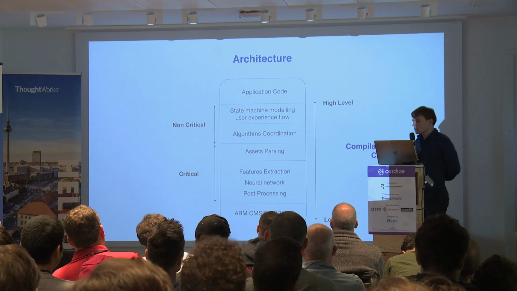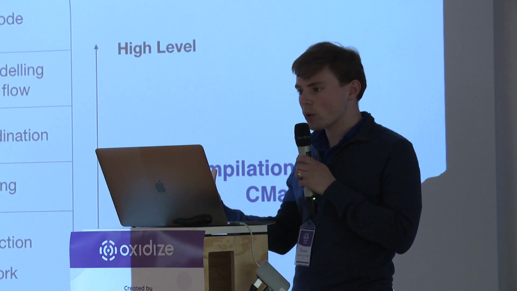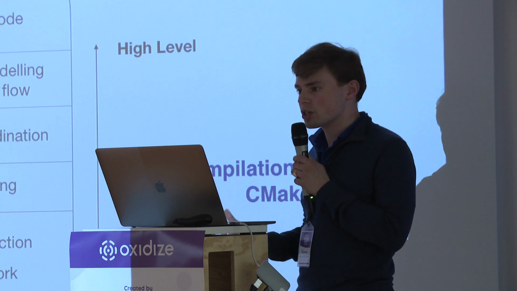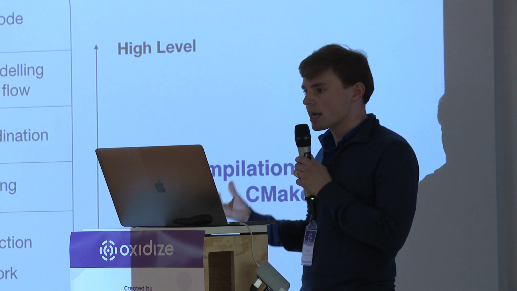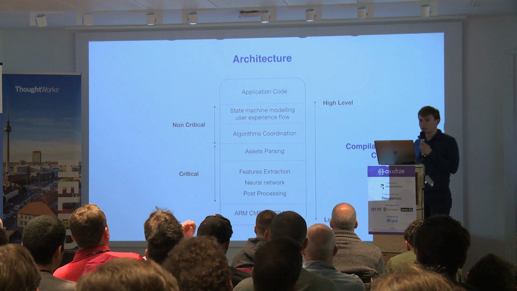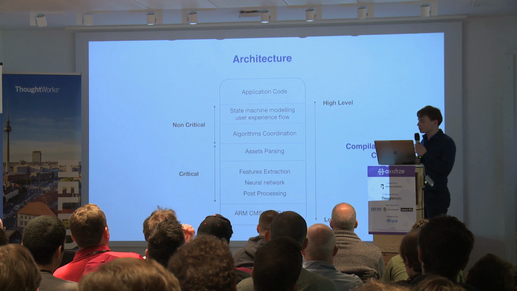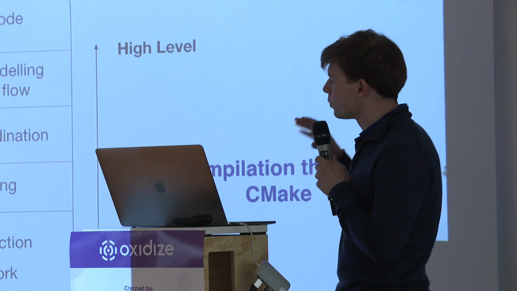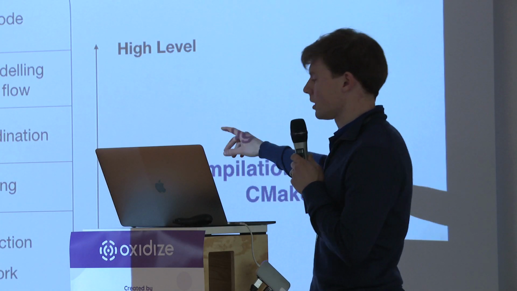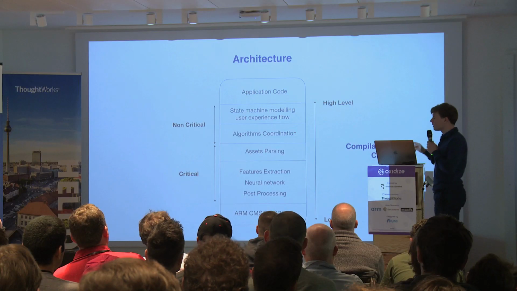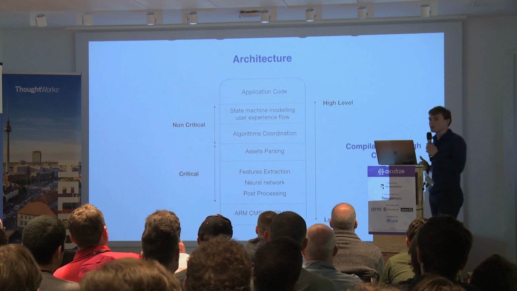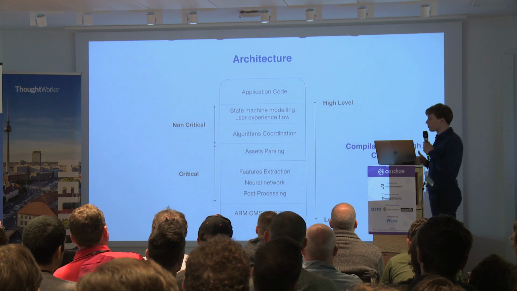So how to plug together the wake word, the automatic command recognizer engine, and also the dialogue system to have a full experience and add a plug-and-play voice interface to your MCU. Then we need to coordinate all these algorithms. And then we have the critical part, where everything is critical in terms of RAM, because it's where you consume most of the processing time and most of the RAM.